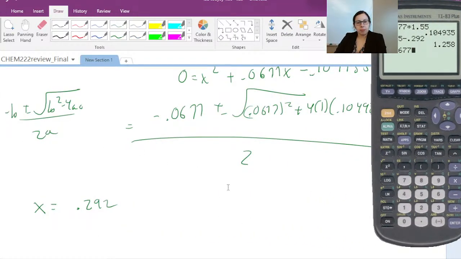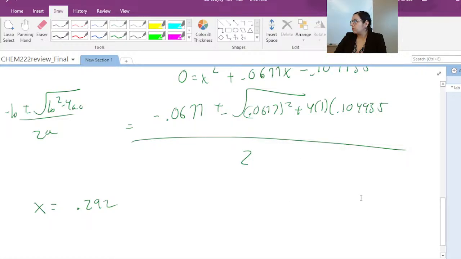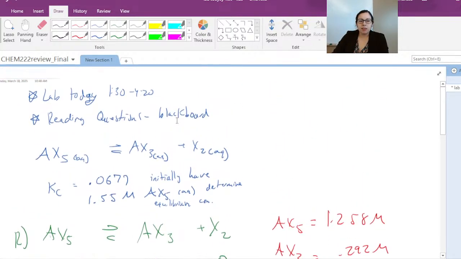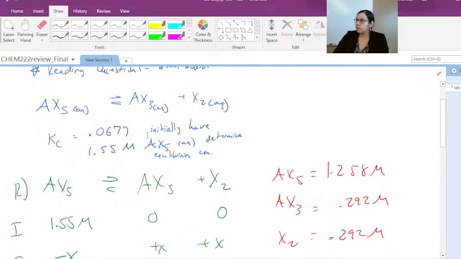How does this differ from equilibrium equations where you're using Kb for a base and Ka for an acid? I guess it depends what you're asking, because it's still a K. Yeah, Kb for a base and Ka for an acid.